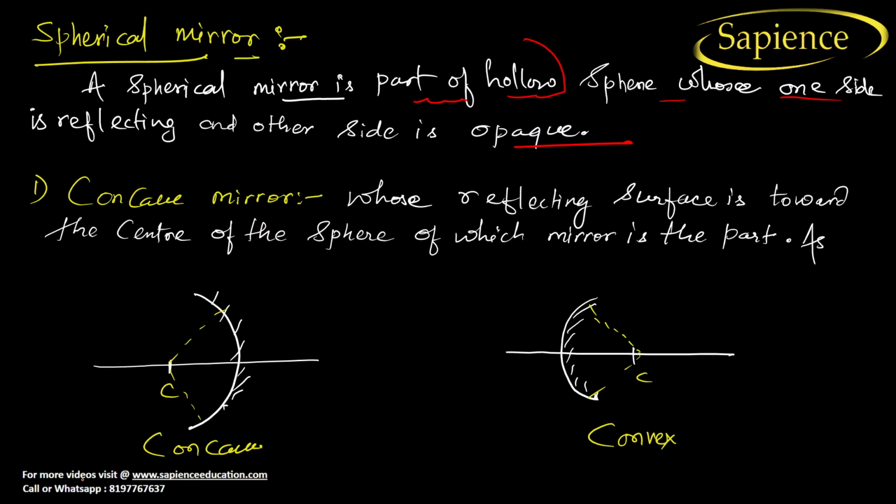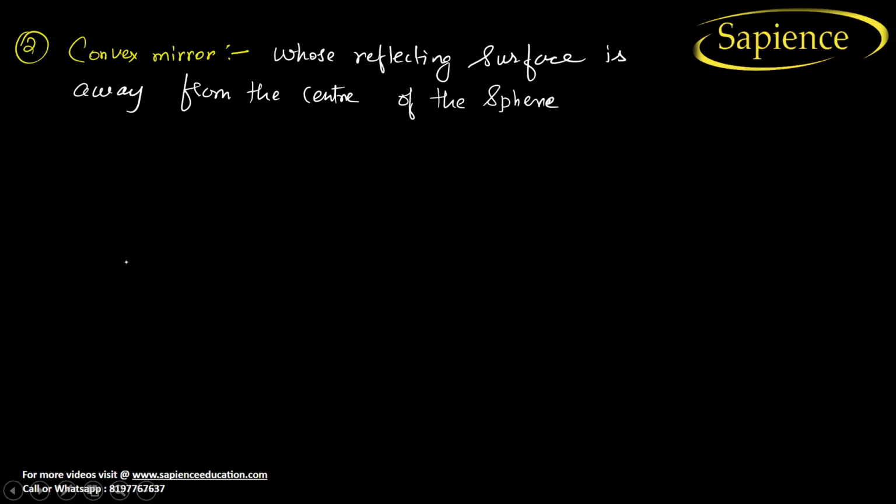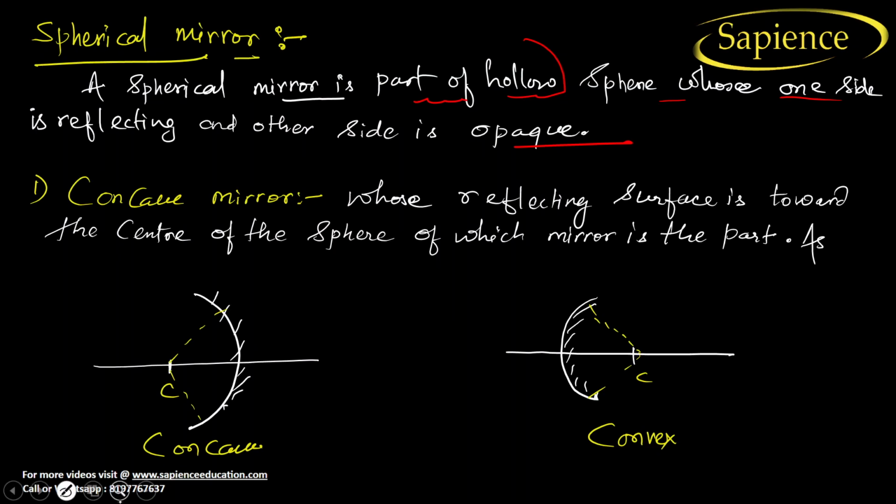Let us consider a hollow sphere, where one side is reflecting. If this outer side is opaque, the inside surface will be reflecting, and when you cut this, you will get a mirror.